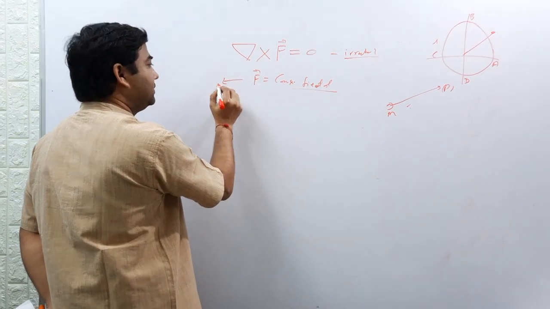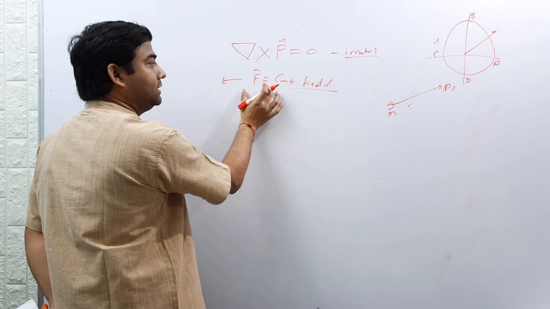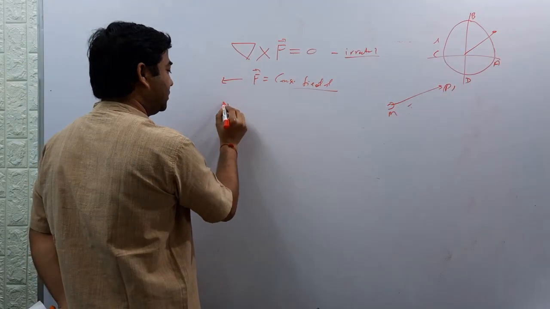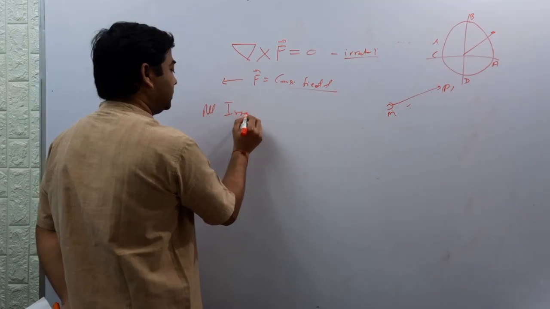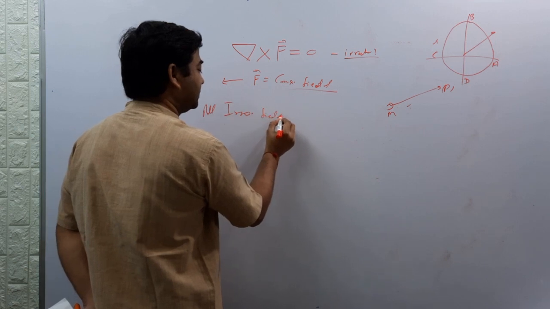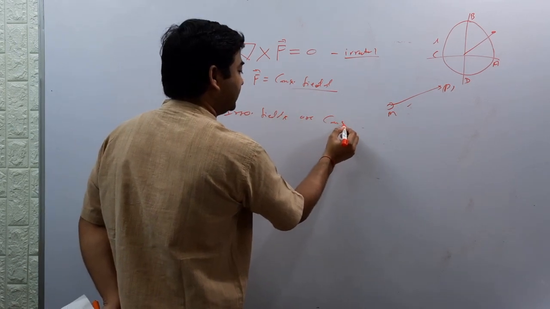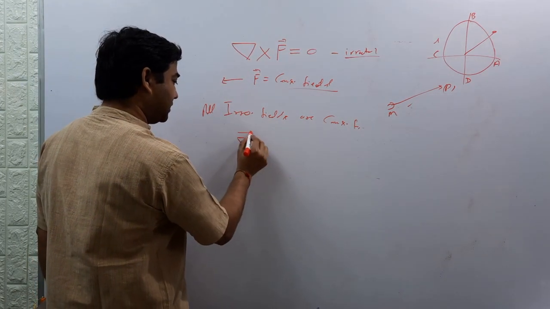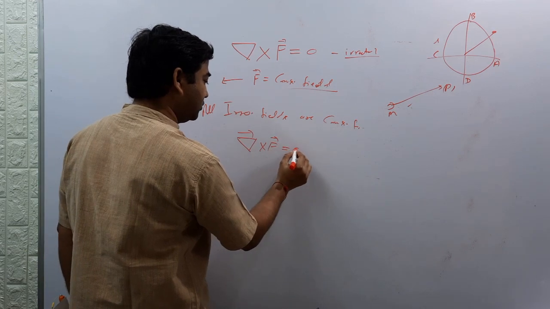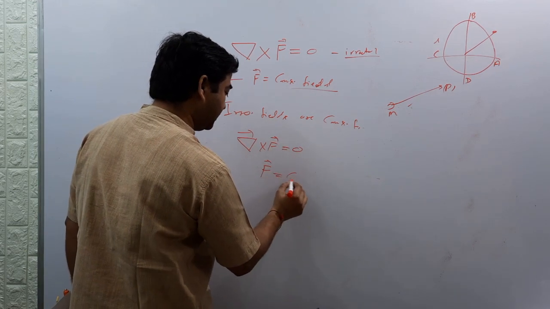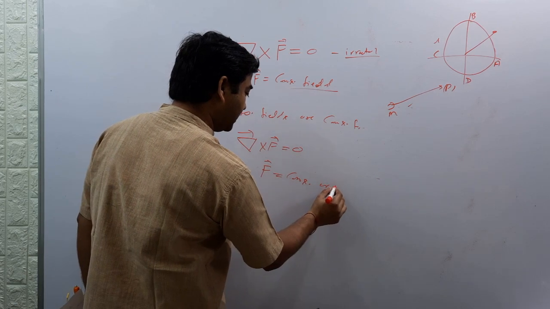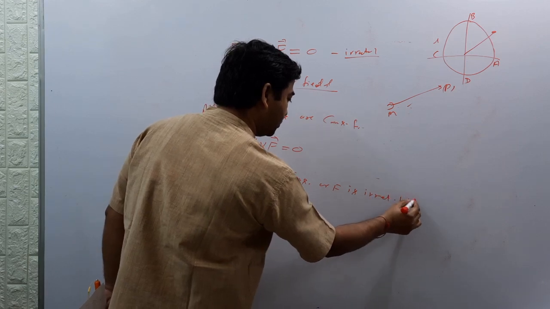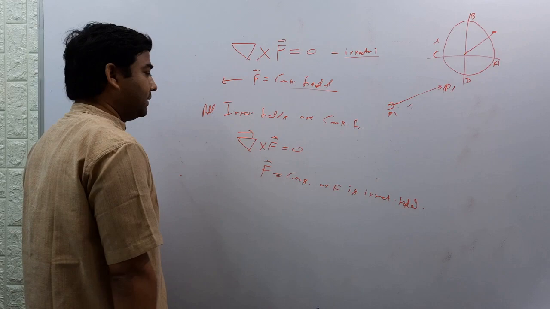By this theorem, for a conservative vector field, its curl is 0. So it can be said that all irrotational fields are conservative fields. That is, if the curl of a vector field is equal to 0, then F is a conservative field, or F is also an irrotational field.